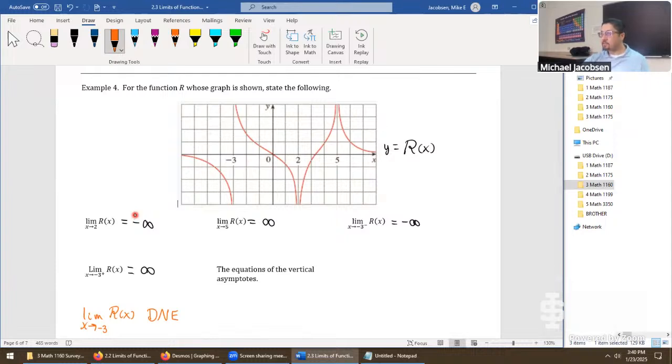So every limit here does not exist. All of those limits, but we can't say DNE on every single one of these because putting a negative infinity gives us a bit more extra information on the way it fails to exist.